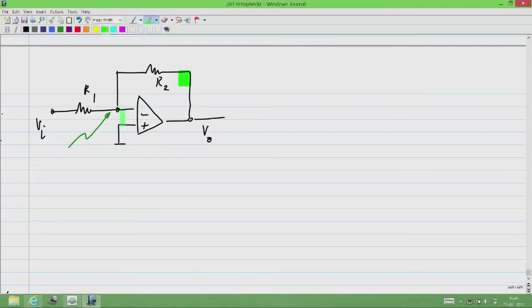now between these two nodes there is a virtual short. Okay, so that means that this point is at 0 volts, so this point is also at 0 volts. Okay.